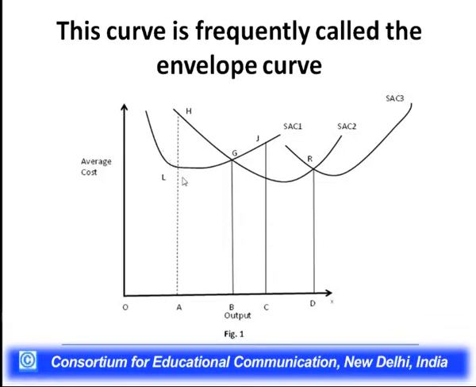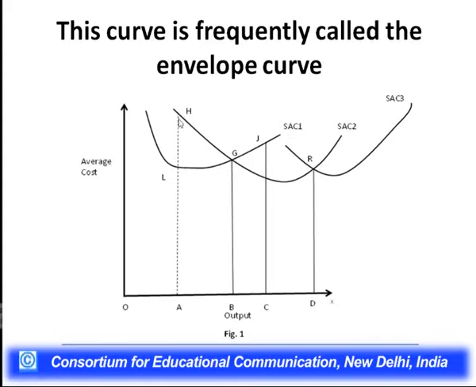Now you can see here, if the producer wants to produce OA units of output, he should choose SAC1. Why? Because here the average cost or per unit cost is AL, and if he chooses the second plant for this output, this cost will be AH.